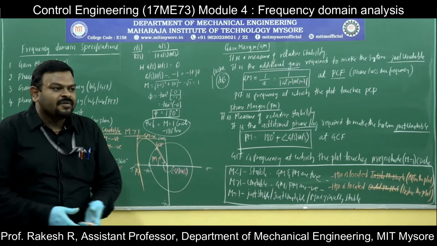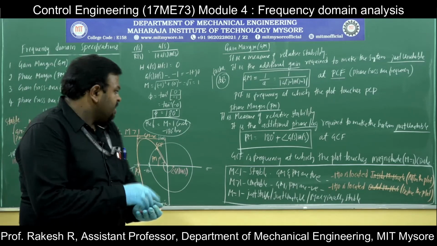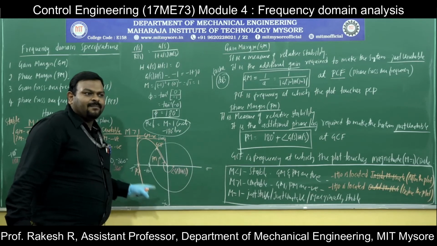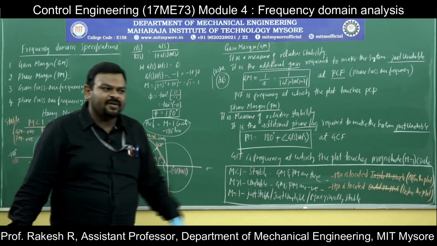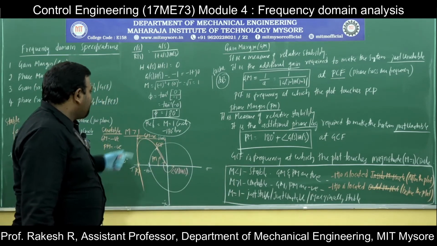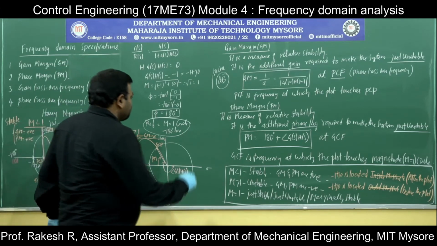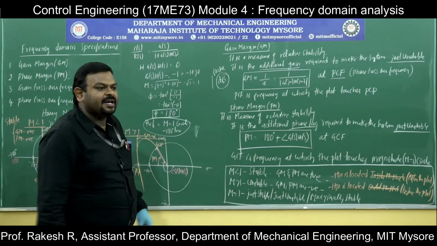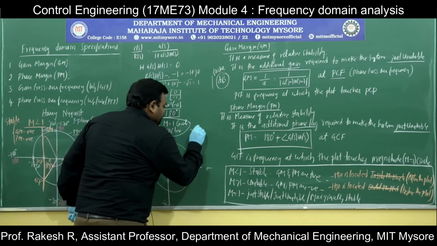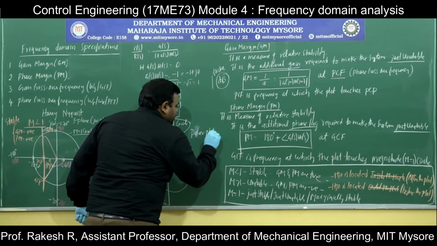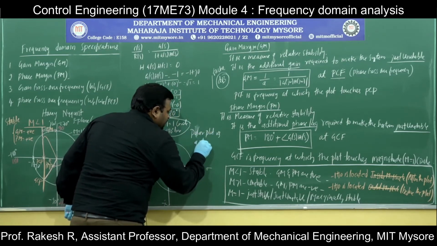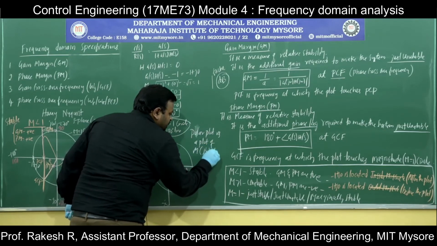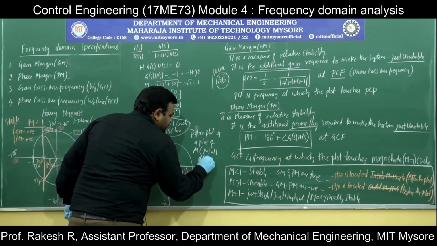So this is about frequency domain specifications, and this is drawn in a polar plot, in e to the power of j theta configuration. A polar plot is a plot of magnitude of G(j omega) versus phase angle of G(j omega).